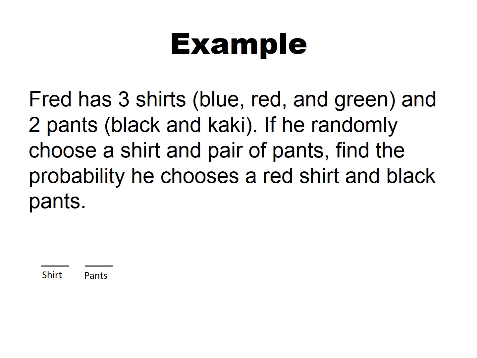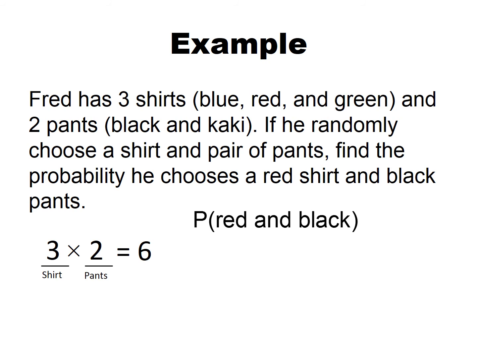So the first stage consists of selecting a shirt. The second consists of a pair of pants. So we say, well, we've got 3 colors of shirts, 2 colors of pants, multiply them, and we get 6 possible outfits. So now the question is, what's the probability that he gets a red shirt and a black pair of pants?